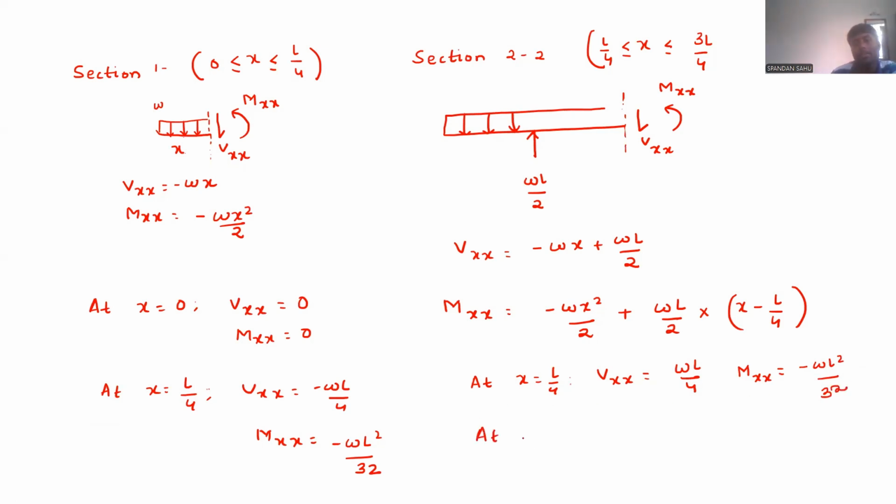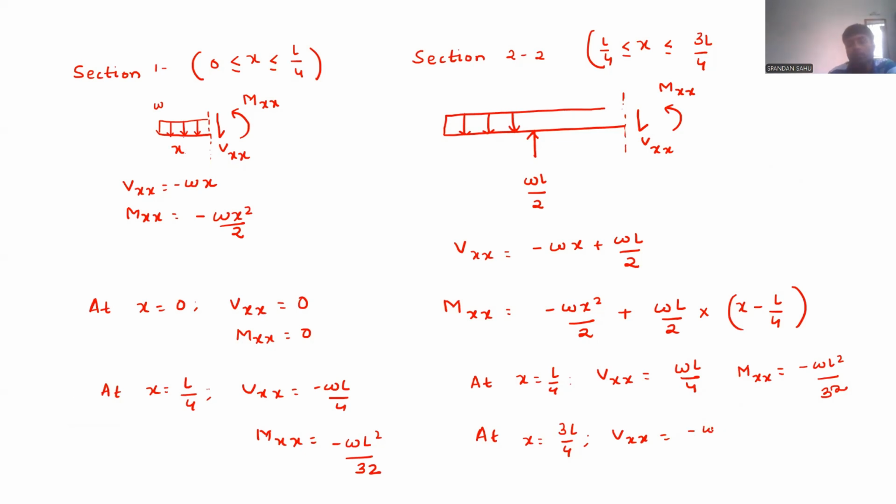Now, similarly, substitute x equal to 3L by 4 and get me the values of VXX and MXX respectively. So, at x equal to 3L by 4, what will you be getting? Minus 3WL by 4 plus WL by 2. So 75 minus 50, so minus WL by 2.